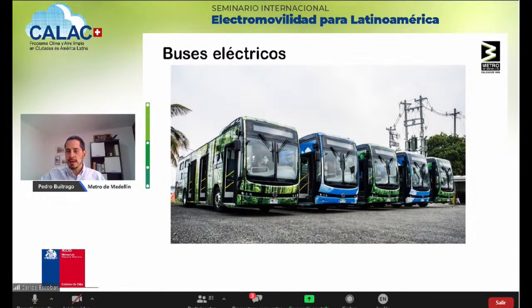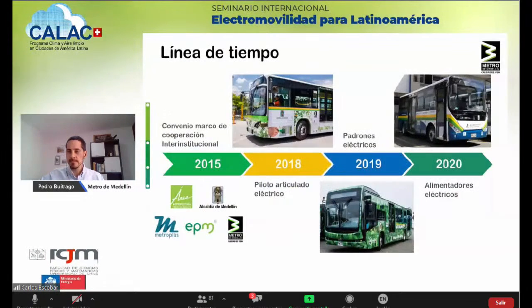So now, let us talk about the history of electric buses in the mass transport system of the Valley of Aburrá. In this timeline, we are presenting some of the most important milestones for electrical mobility in Medellin and in the region of the metropolitan area.